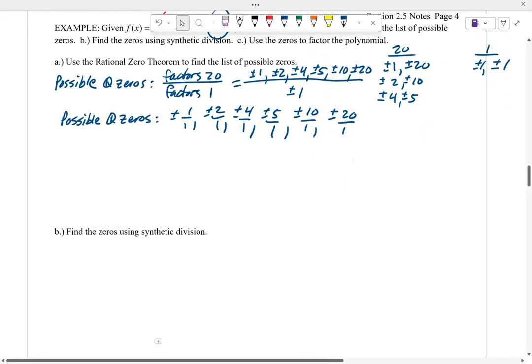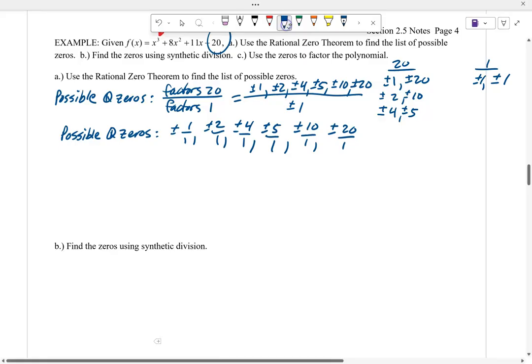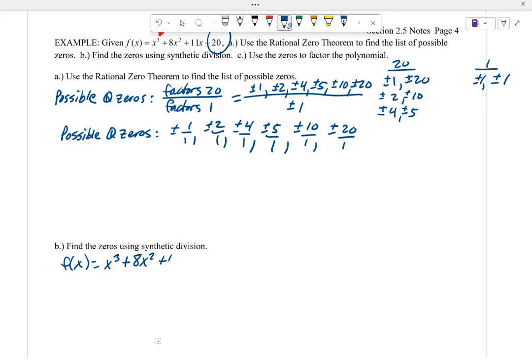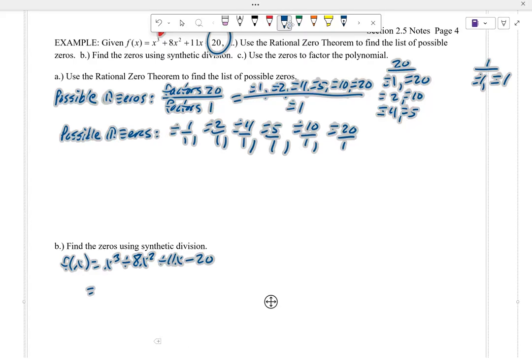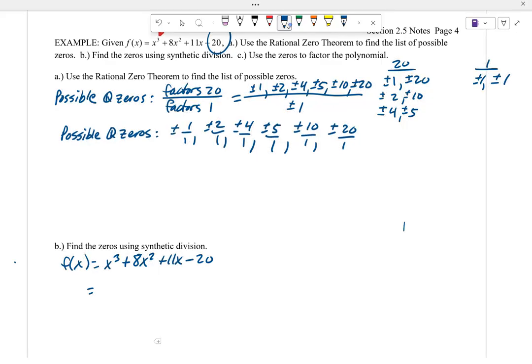So what I'm trying to do is I'm taking this x cubed plus 8x squared plus 11x minus 20, and I'm going to see if, let's try -1. Let's see if -1 works. Is -1 a 0, right? Does it hit right here?